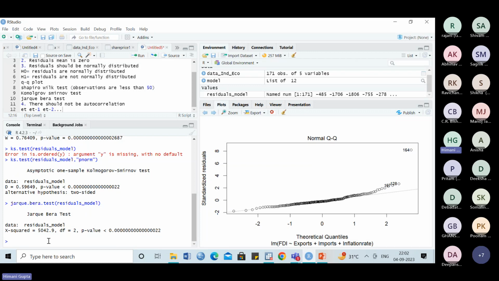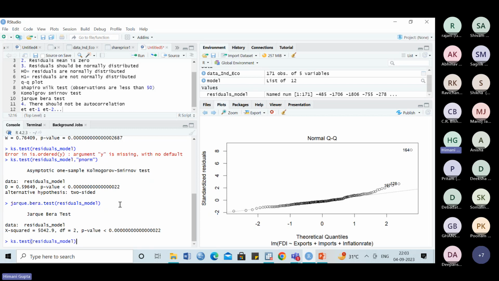And one thing more, you don't have to write whatever commands you have given already. There is an upward and downward arrow on your keyboard. If I press it once, the last command will be there. Press twice, the second last command, and the third time, the third last command.